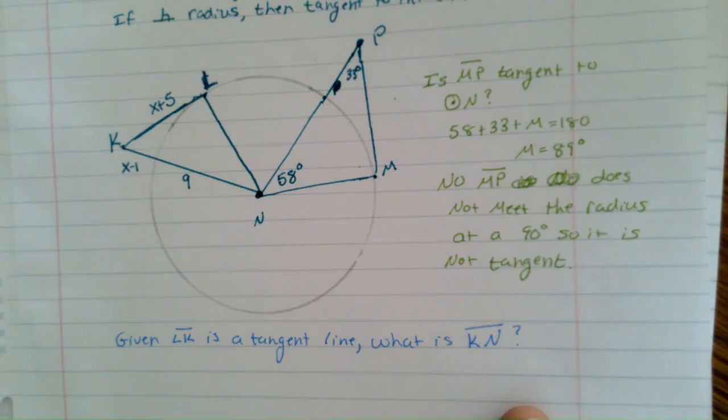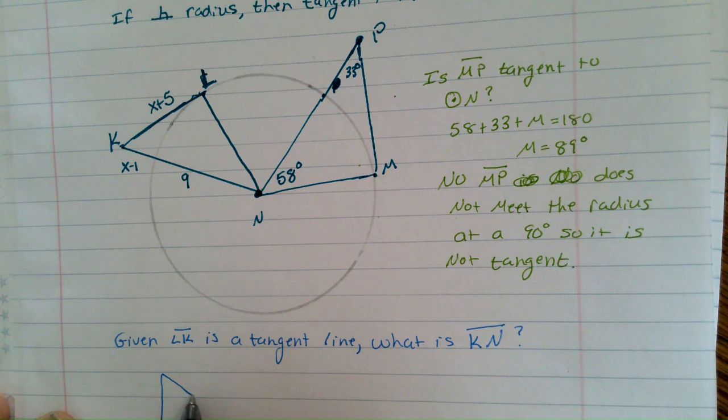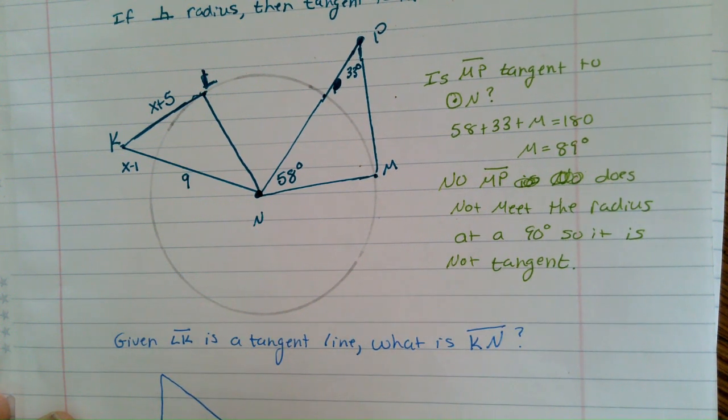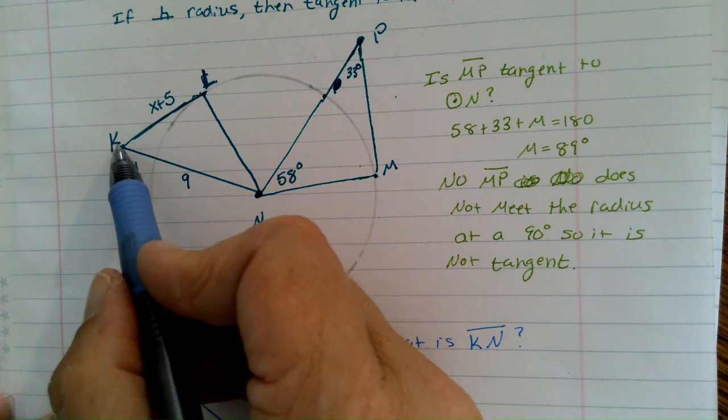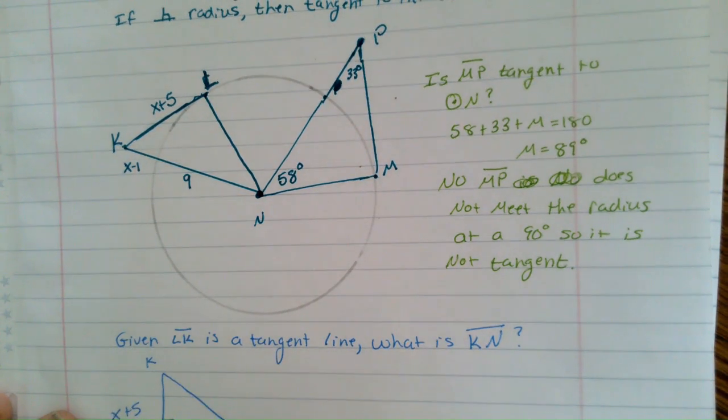Well, let's draw that triangle. What they just told us is because LK is a tangent line, L is a right angle. And they've labeled K to L as x plus 5. But how long is L to N?